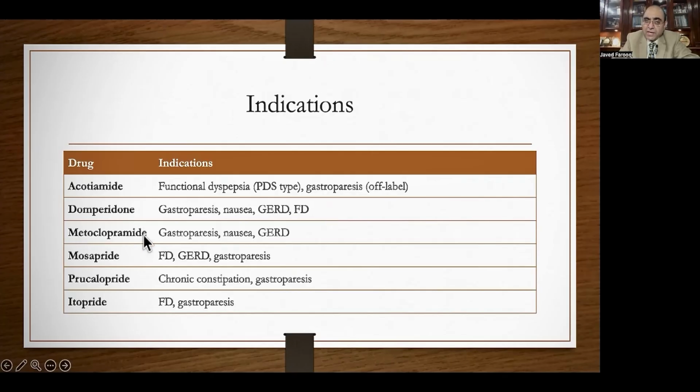While metoclopramide is indicated in gastroparesis, nausea, and GERD, just like domperidone. Mosapride is indicated in functional dyspepsia, GERD, as well as gastroparesis. Prucalopride is indicated in chronic constipation and gastroparesis, while Itopride is indicated in functional dyspepsia as well as gastroparesis.